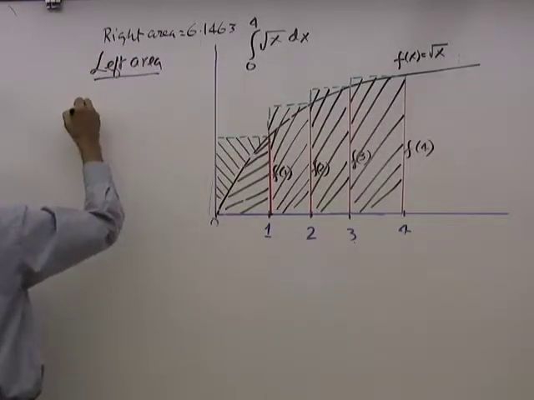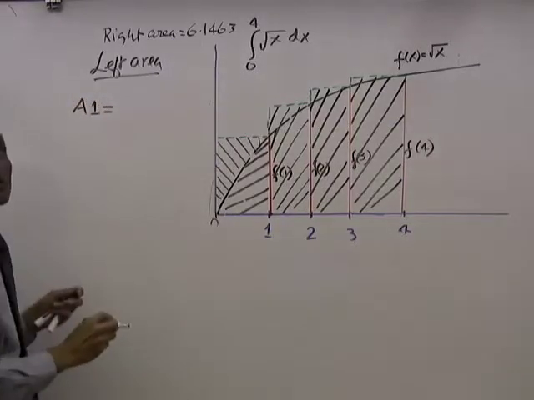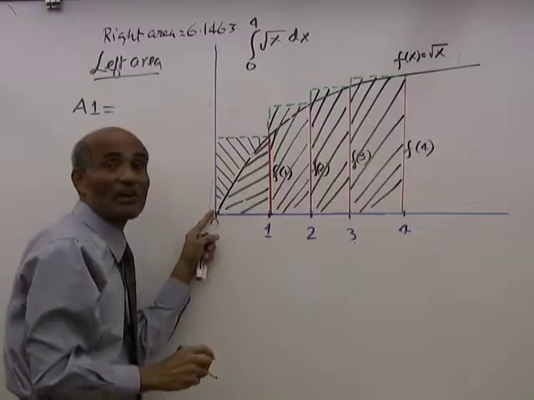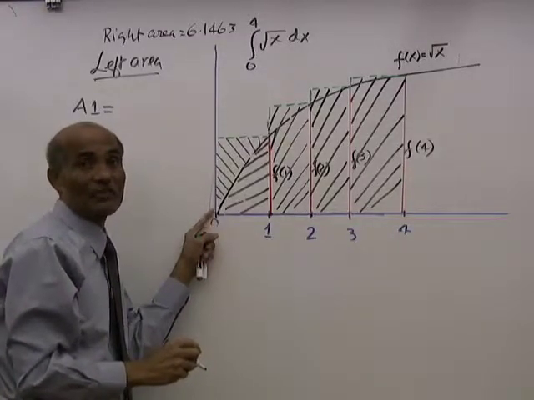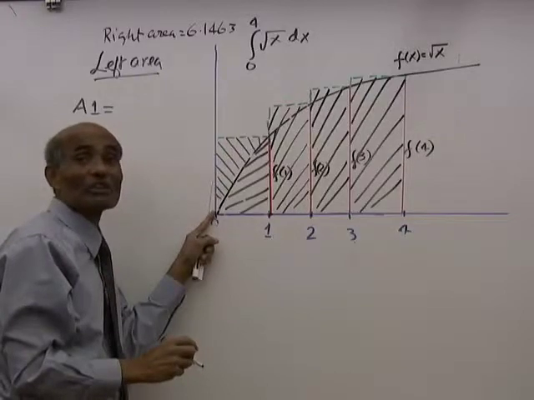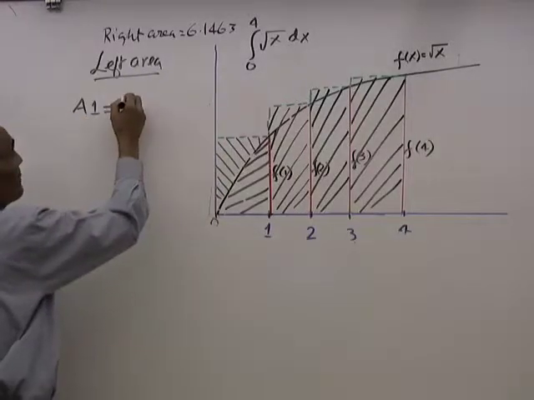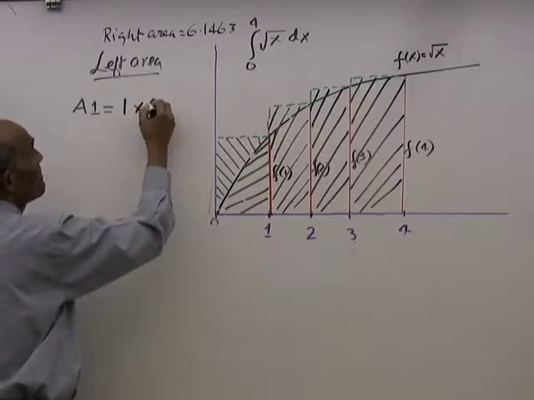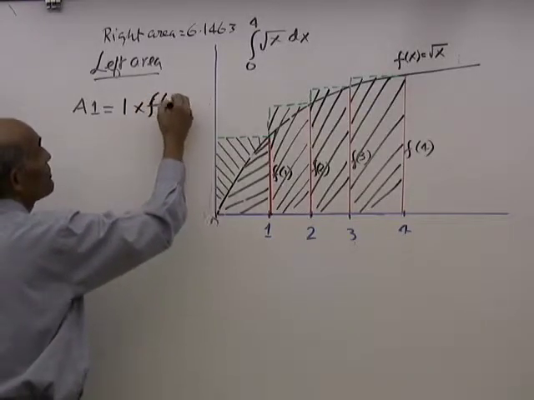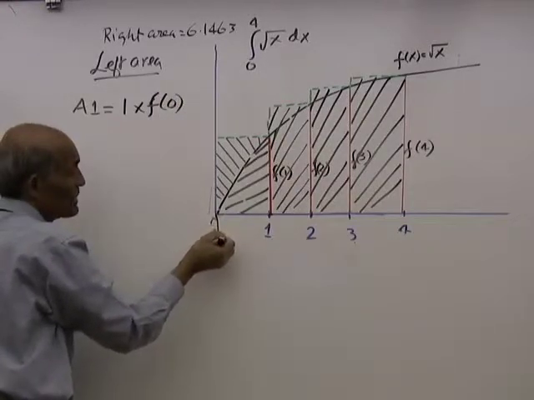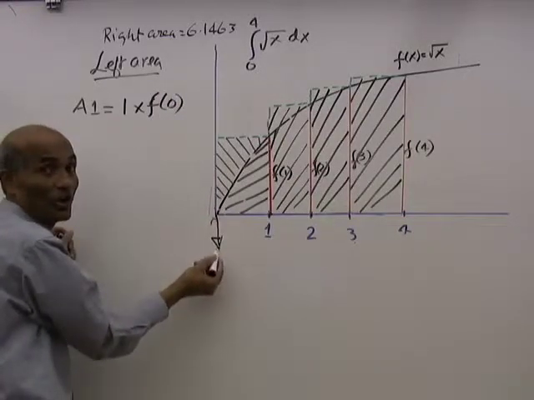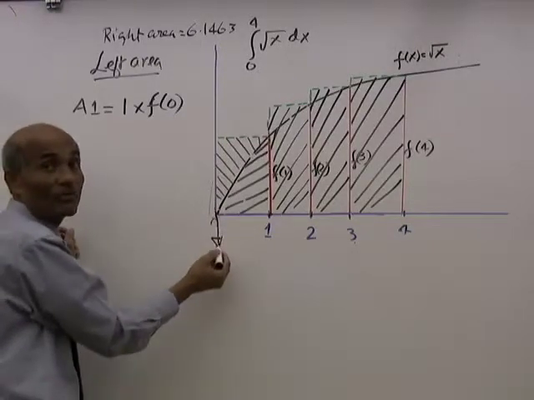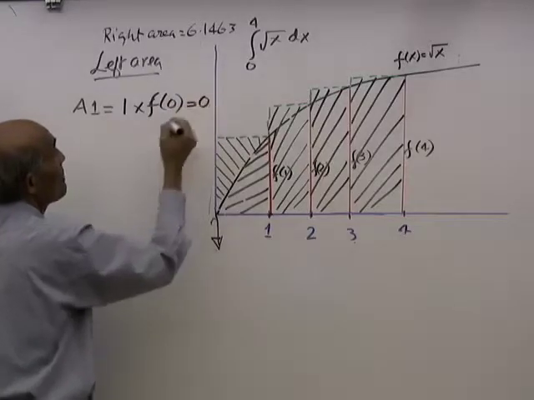All right. What is the area of the first rectangle using the left side of the rectangle to calculate the area? The left side of the first rectangle is 0. So that will be 1, the width is 1 multiplied by f of 0, the x value. Remember, we are using the left side. So the height there is f of 0, which is 0.